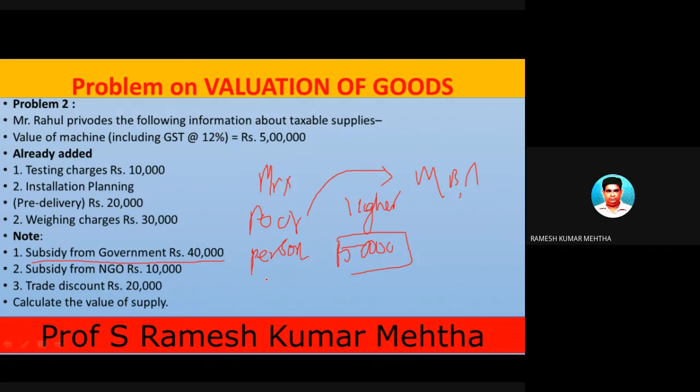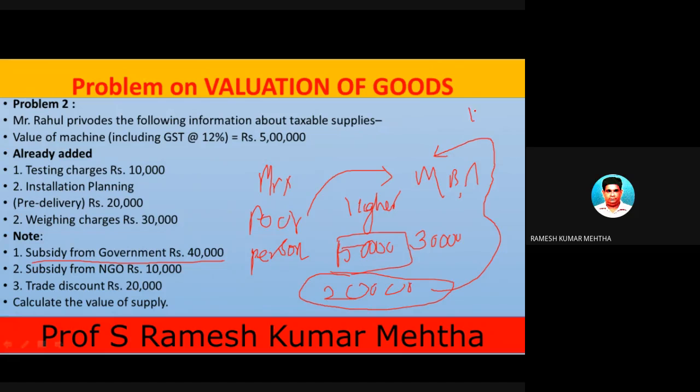So he approaches the government and tells them, sir, why don't you sponsor 20,000 rupees for this laptop, because I have only 30,000 rupees. So the government says, okay, I will give you 20,000 rupees as subsidy directly to the vendor who is supplying it to you.